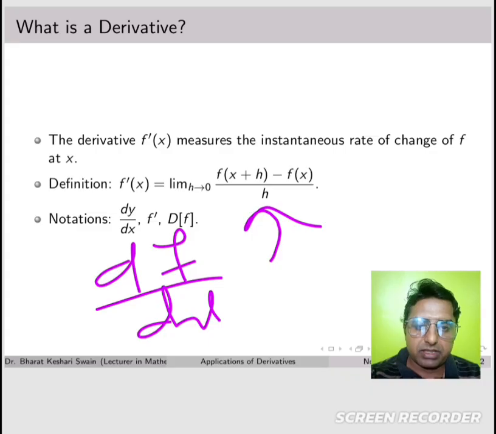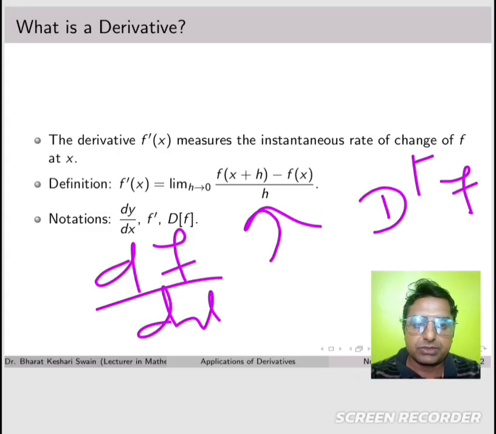This is the definition of a derivative, denoted by dy by dx, or f dash, or capital D of f. These are the notations of the derivative.